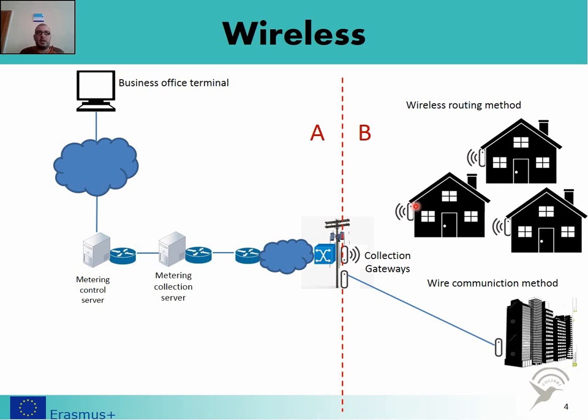Of course, we are not going to discuss this wired part because it is implemented via PLC communications, which we already discussed. This is just to show you that those technologies are mixed and used in different locations.